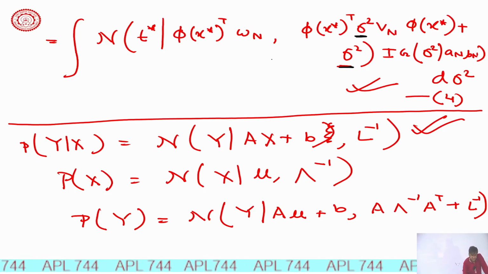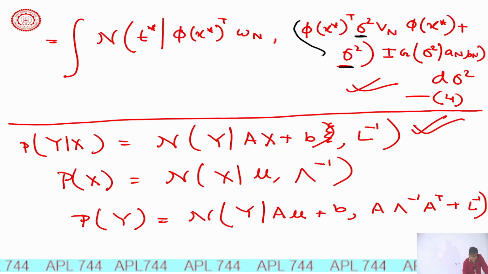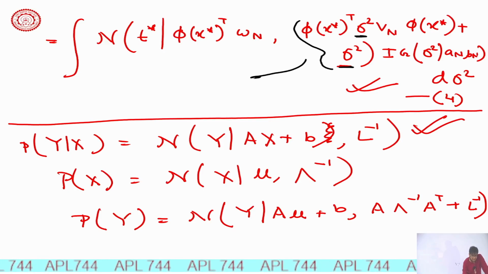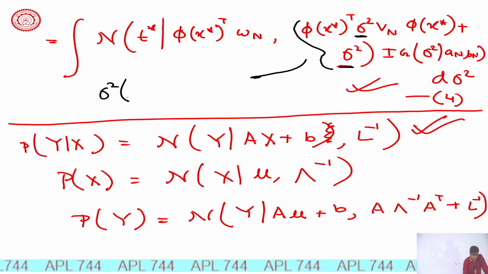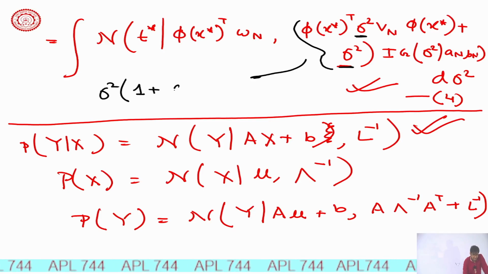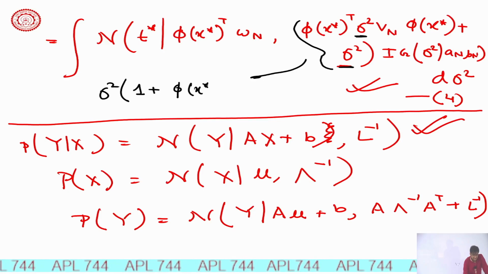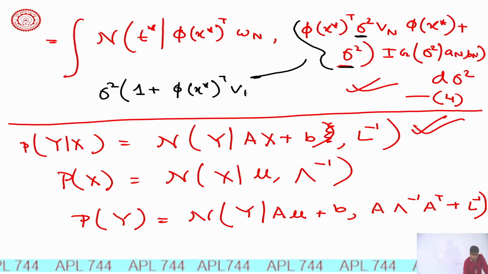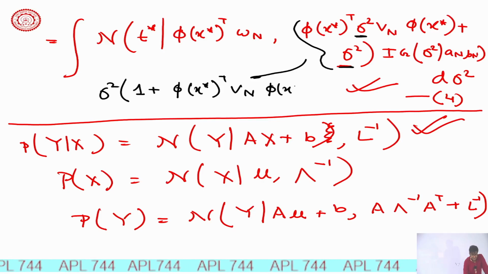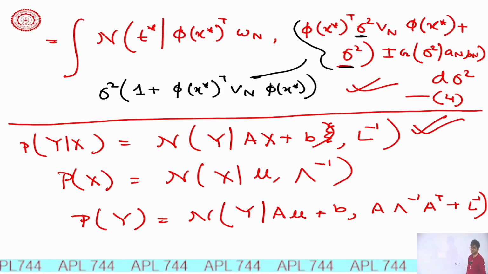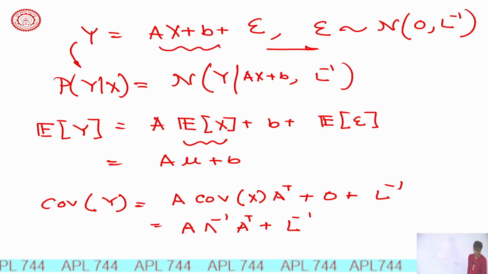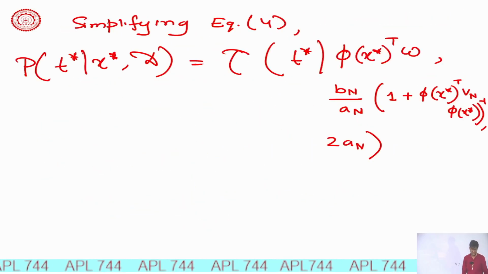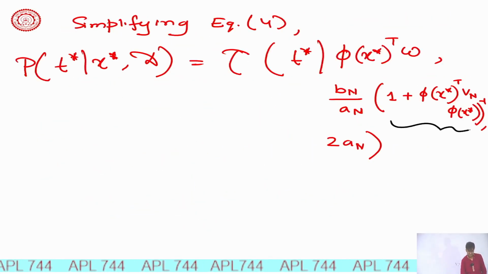So this term is basically nothing but sigma square times 1 plus phi x star transpose Vn phi x star, right? So that is coming here. That is that term.